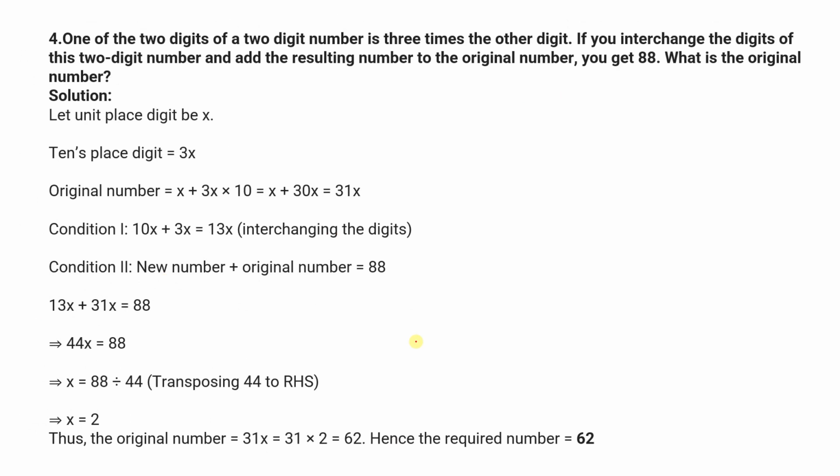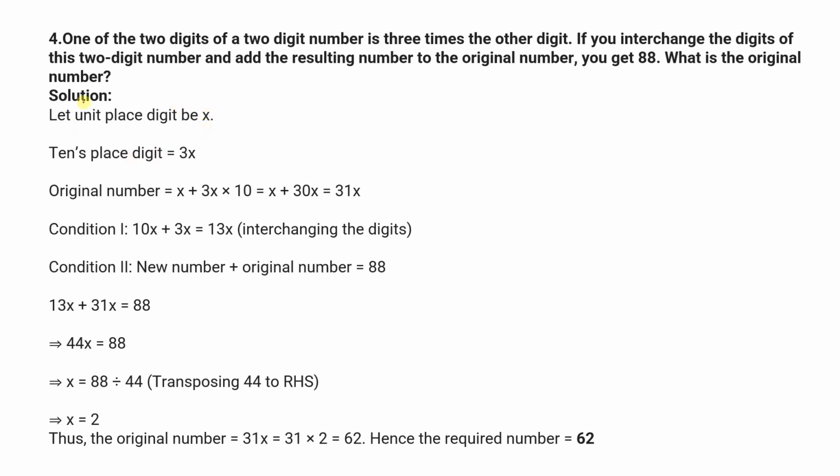Next, fourth problem. One of the two digits of a two-digit number is 3 times the other digit. If you interchange the digits of this two-digit number and add the resulting number to the original number, you get 88. What is the original number? As usual, let us assume the digit in the units place as x.